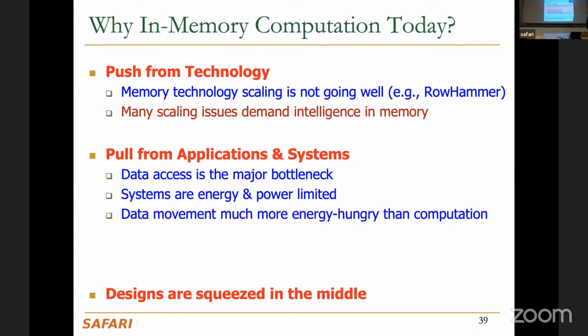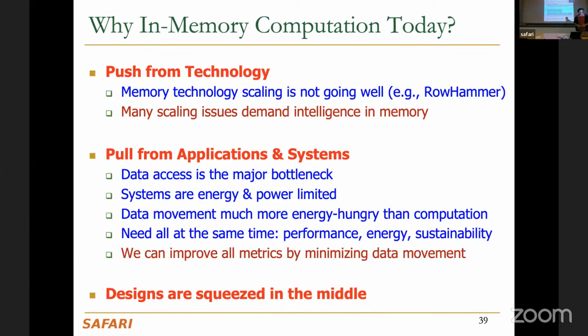And from applications, there is also a pull, right? Why is that? Because these applications are using more and more data. They need to process more and more data, as we have already mentioned. So data access is the major system bottleneck. And the data movement is consuming a lot of energy and a lot of execution cycles.